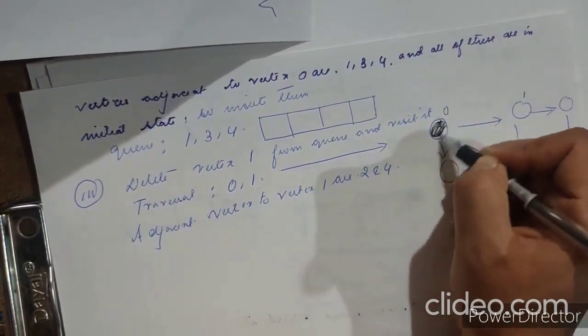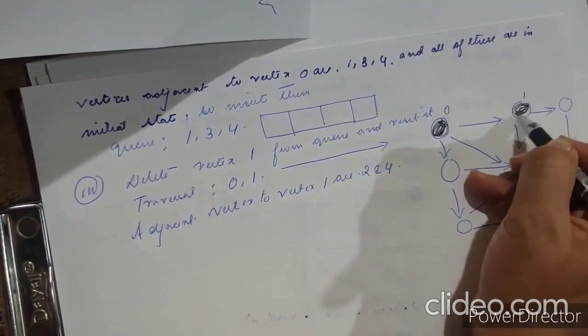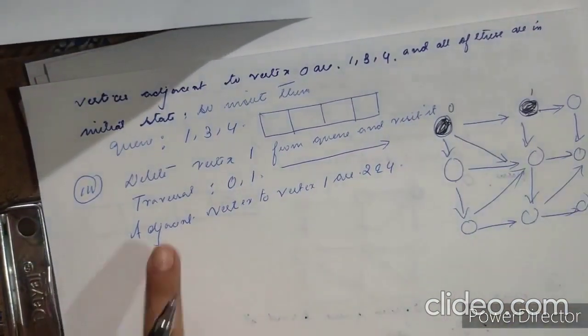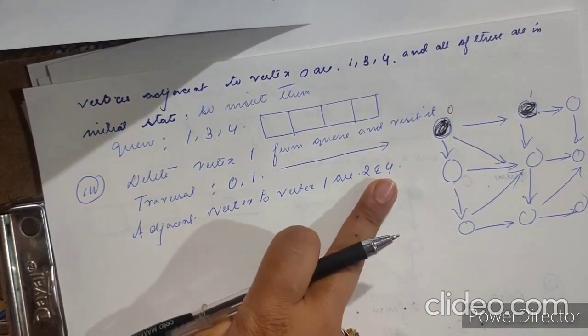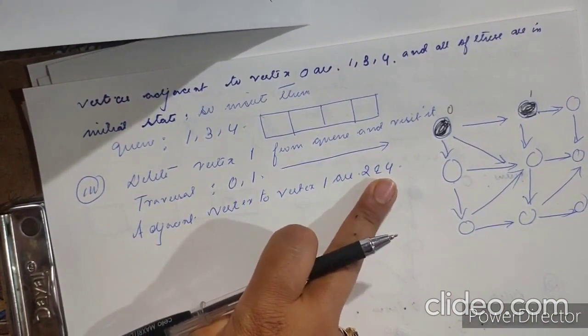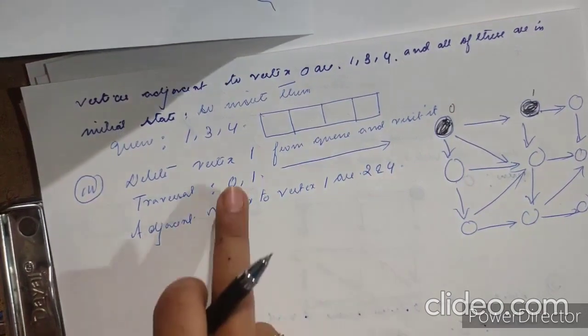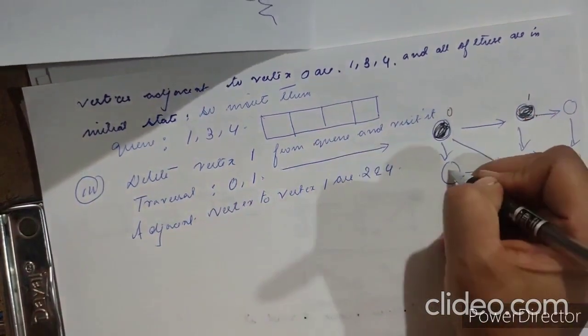I'm going to highlight them with blue. The adjacent vertices to 1 are 2 and 4.